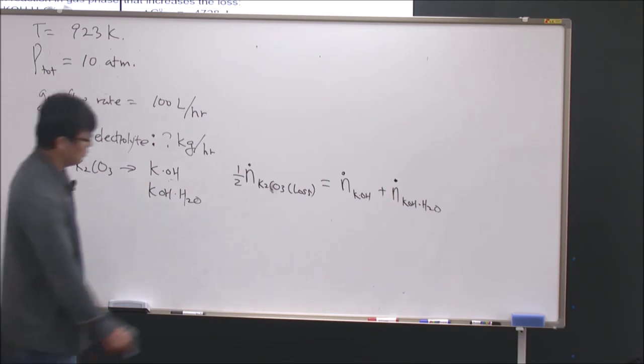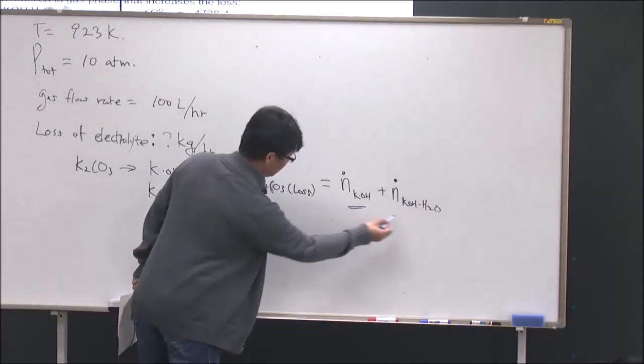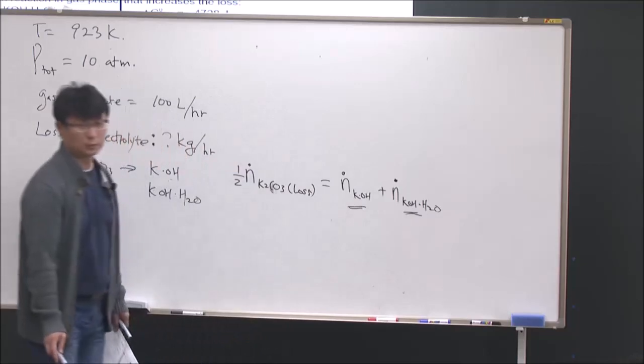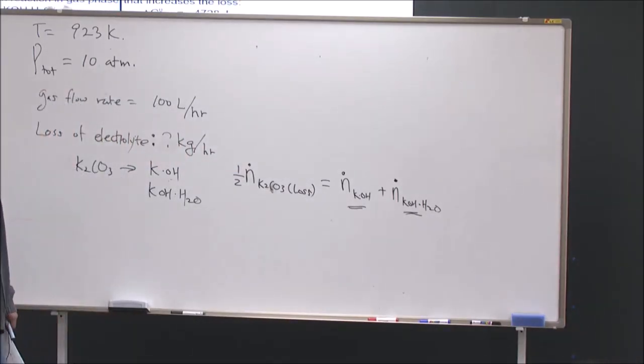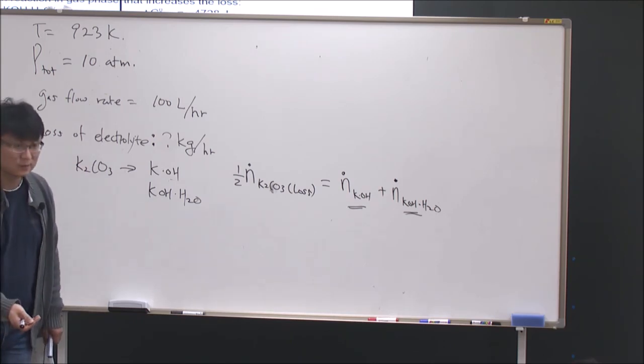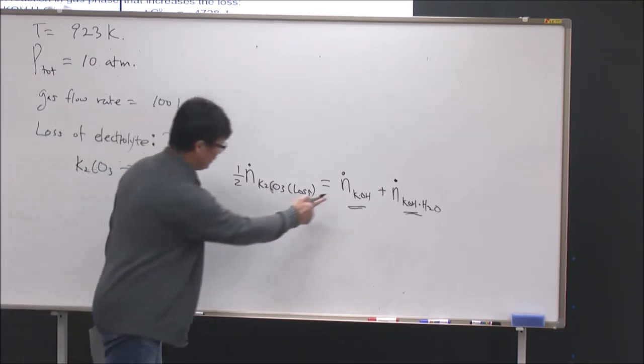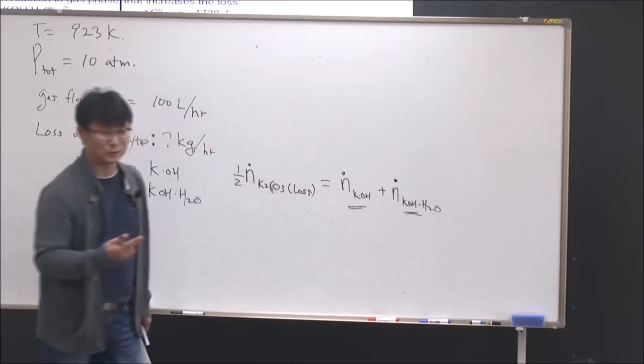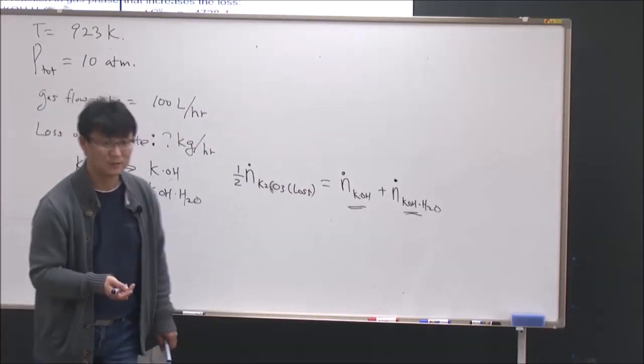So now what you have to calculate is what this value is inside the gas. We know the partial pressure, and partial pressure is total pressure times mole fraction. So we can calculate the mole fraction. But we actually need the number of moles, not the mole fraction.